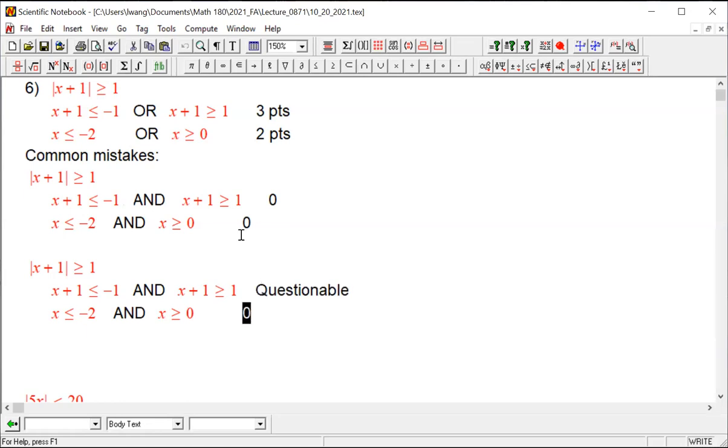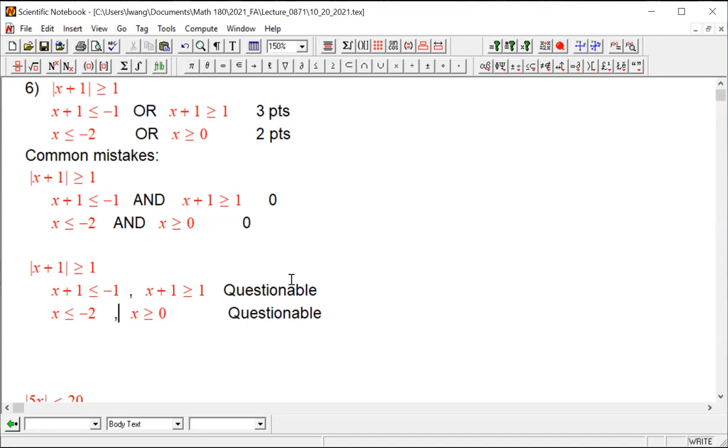And I will try to find clues through your work if you have much work to show. First of all, you're not going to get all the points. You're going to lose 1 point here, 1 point here, 1 point here. But I still have a question mark in my head.